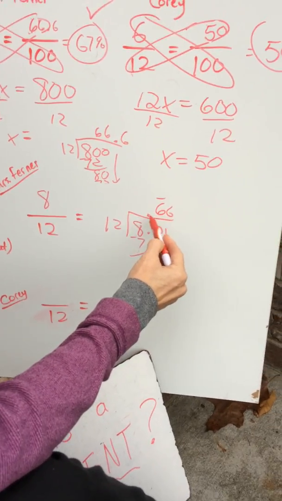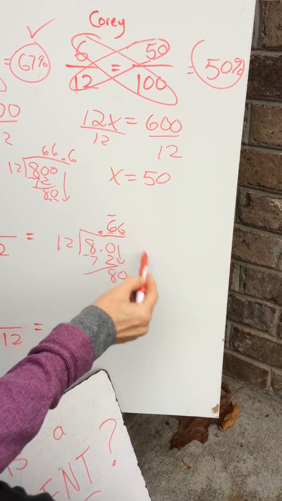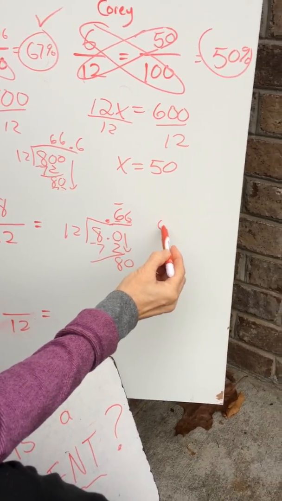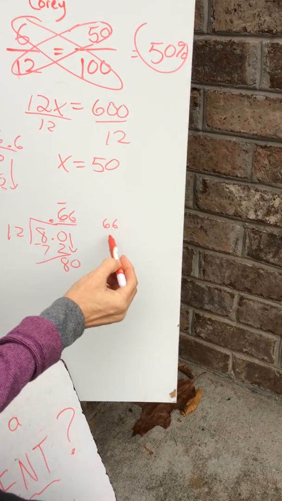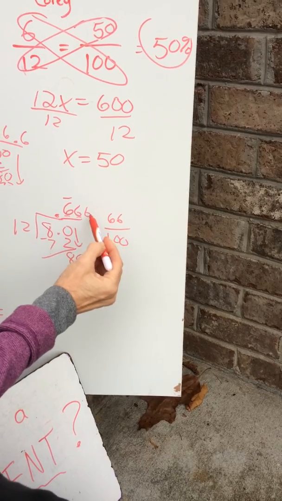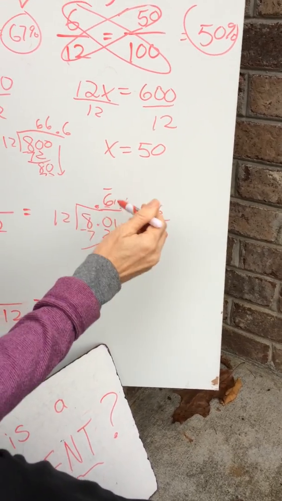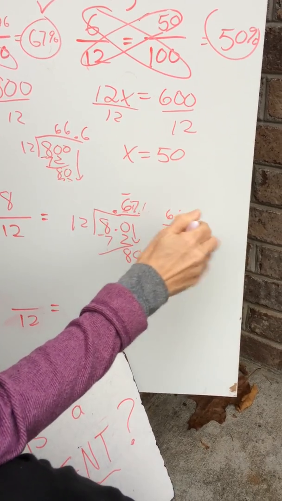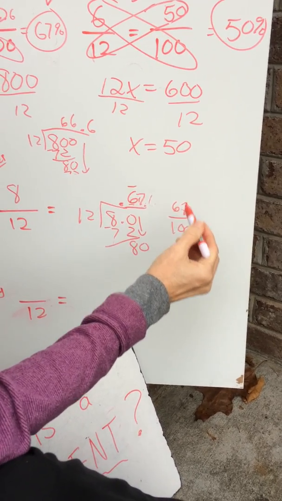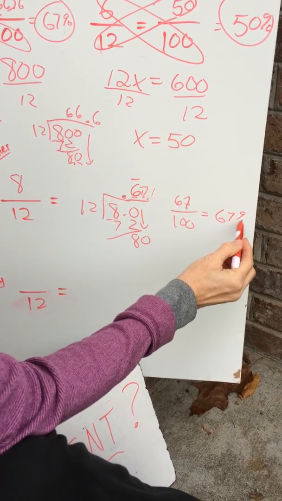As we know, with decimals, that's the tenths place, that's the hundredths place. So that would be really 66 over 100. Or if we wanted to round this to the hundredths place, we could round that to 7, and we would have 67 over 100. A percent is per 100, so that would be 67%.